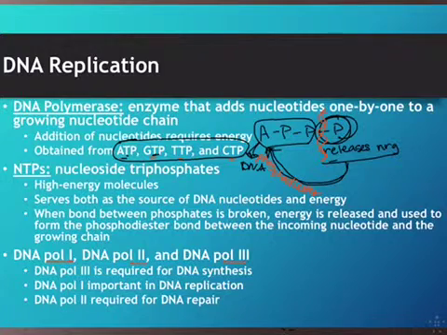DNA polymerase 3 is required for DNA synthesis. DNA polymerase 1 is important in DNA replication, and DNA polymerase 2 is required to repair your DNA. There'll be diagrams in the future slides with these labels on them, DNA Pol 1, 2, or 3, indicating where they are in the process of making DNA.